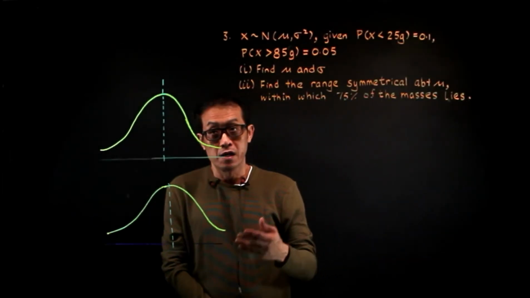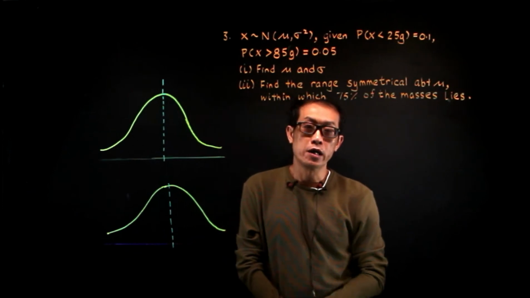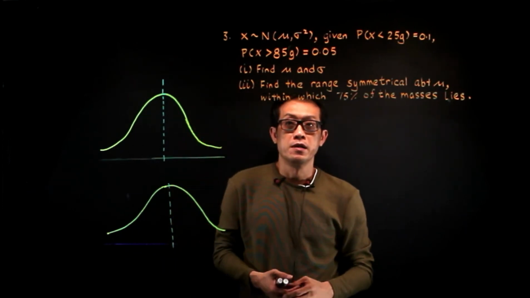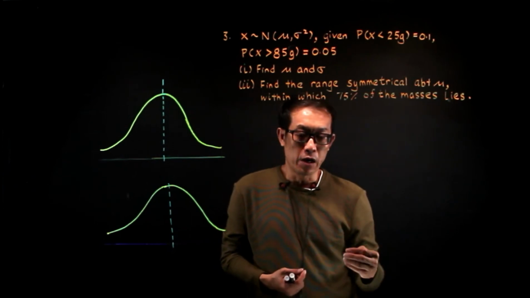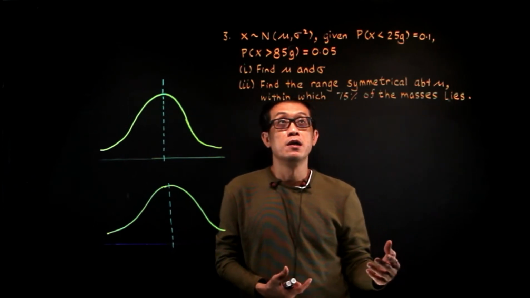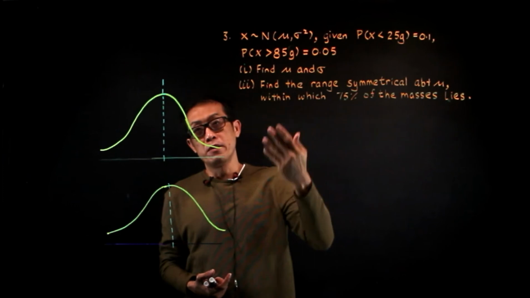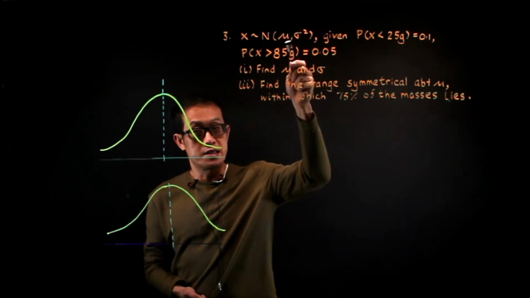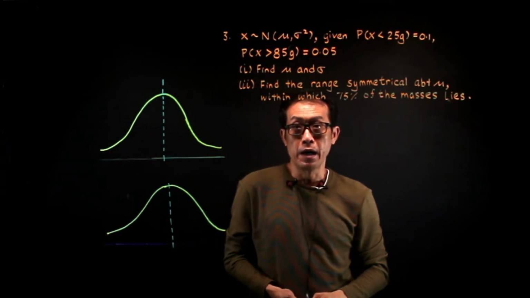Hi. In question 3, you are given that in a particular workshop, the mass of the objects that it produces has a normal distribution with mean mu and standard deviation sigma.